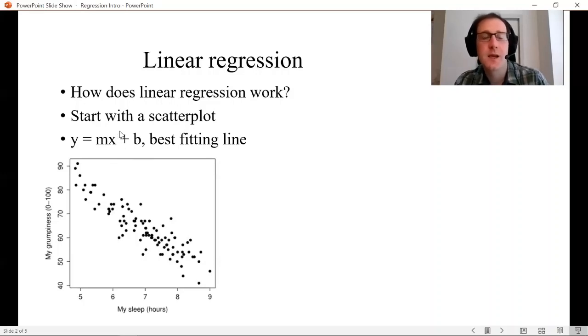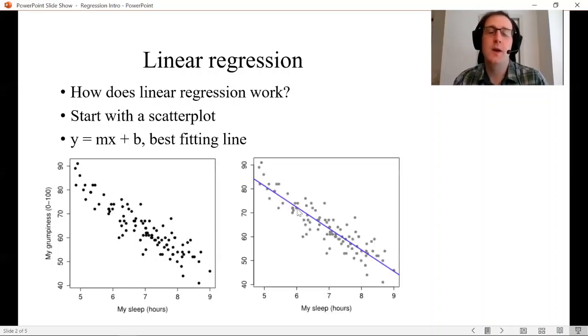So this is the value that we put in for x, and this is basically for every unit of x, this changes that many units of y. So if you run a regression, basically you get a line that goes over that scatter plot.